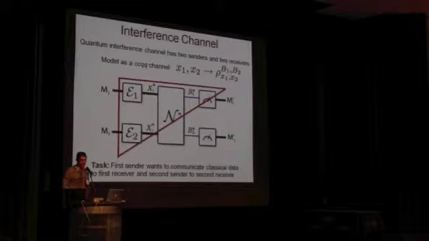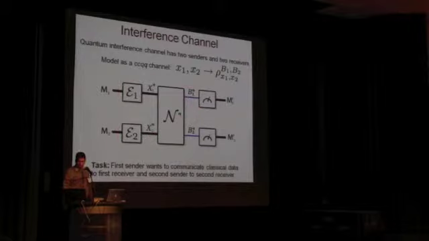What we found when we were looking at the classical information theory literature is that it was important to consider the effective multiple access channels that this interference channel induces. A multiple access channel is one with two senders and one receiver. If I trace over the second receiver, then the effective multiple access channel is given by this, going to the first receiver.